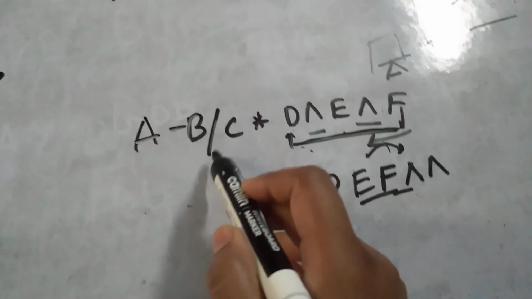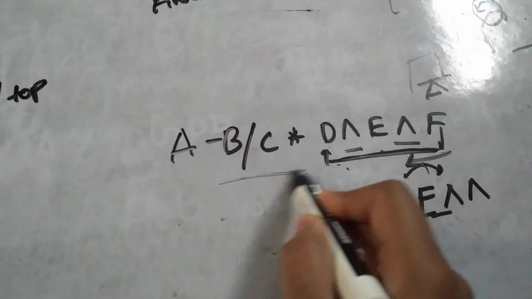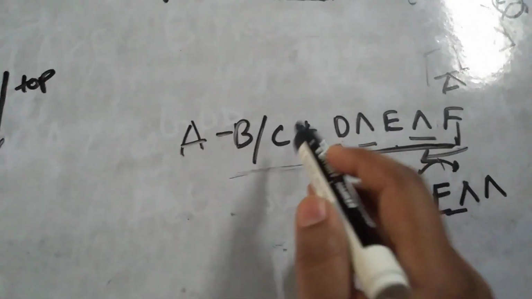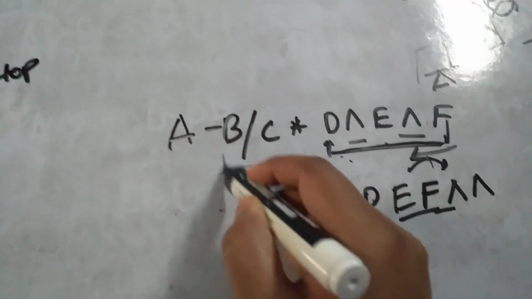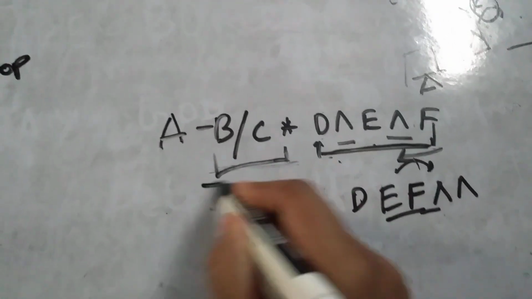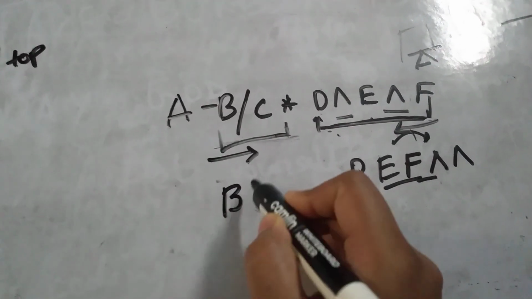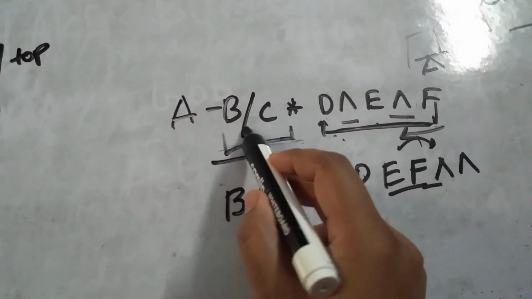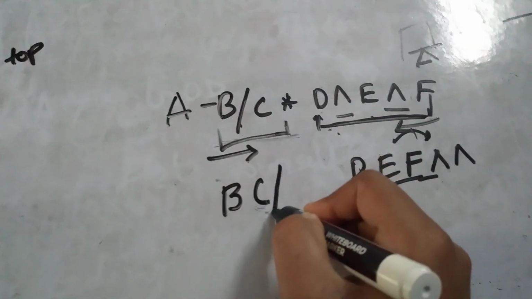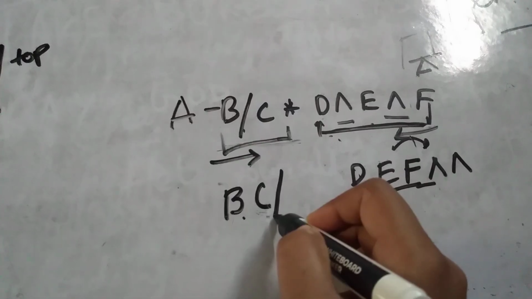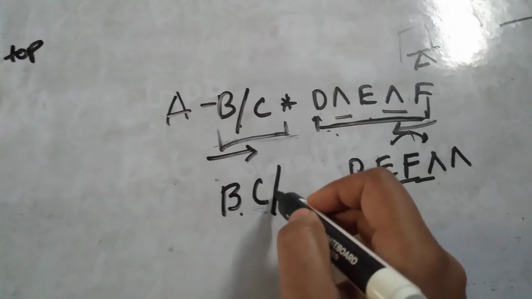Now the next greater priority: division and multiplication. These are left associative elements, so we calculate from left to right. How? Place B and C. Now the division operator is placed here, meaning after the operands the division operator is placed.